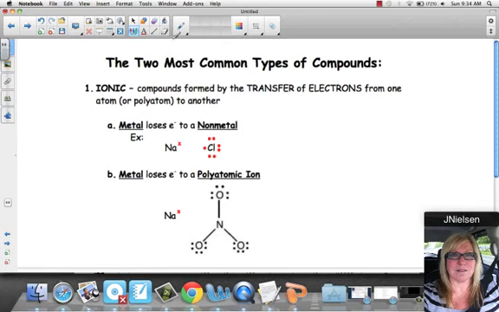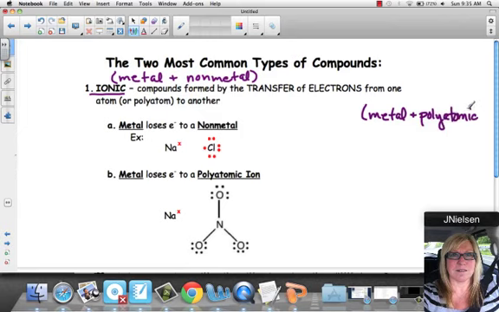Okay, let's briefly talk about the two most common types of compounds. Ionic. Ionic is between a metal and a non-metal. Or it can be between some other types of combinations, a metal and polyatomic ion, which I'm going to talk to you about.